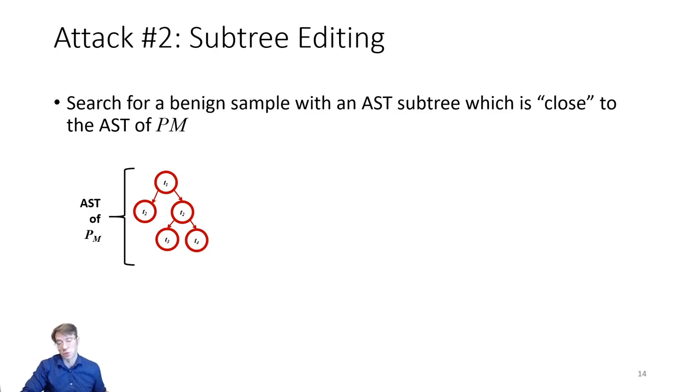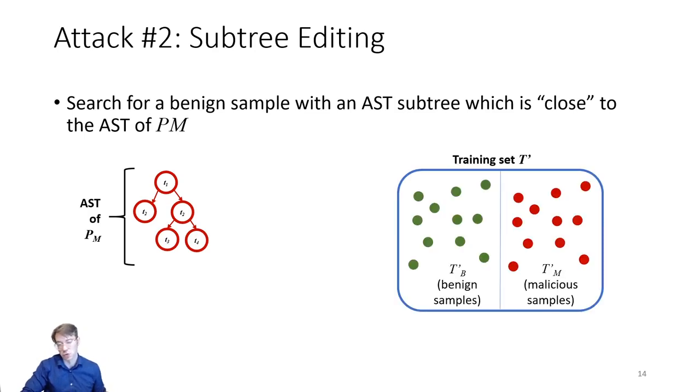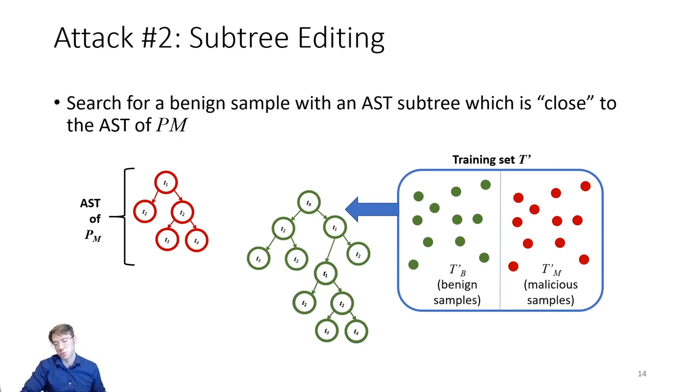So if we have an attack script like this, and we have a training set which includes, of course, the benign samples and the malicious scripts that we're interested in injecting, we find a script, and if we can find an area of the tree which is close according to a subtree editing metric that we describe in the paper, we replace that section of the benign script with the malicious one, causing the mimicry script to appear structurally similar to the benign script that is effectively hosting it.